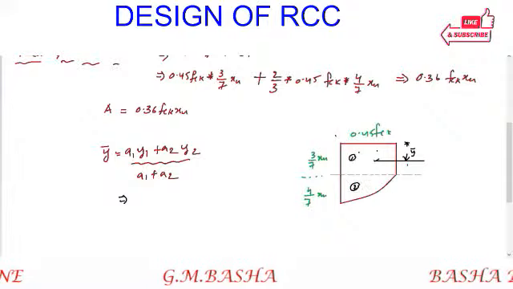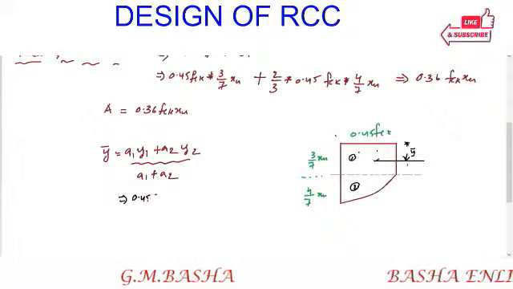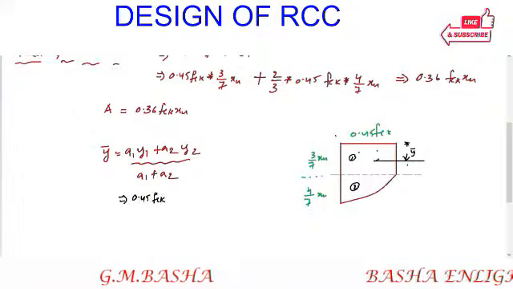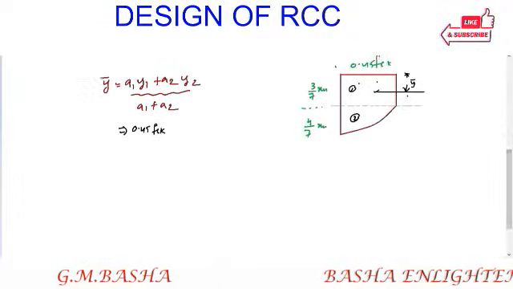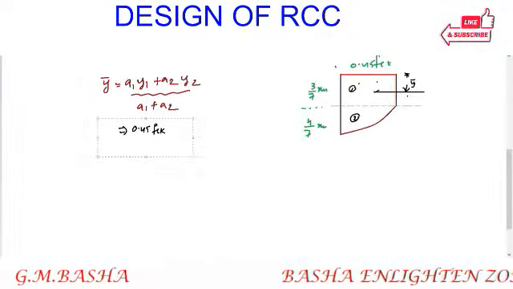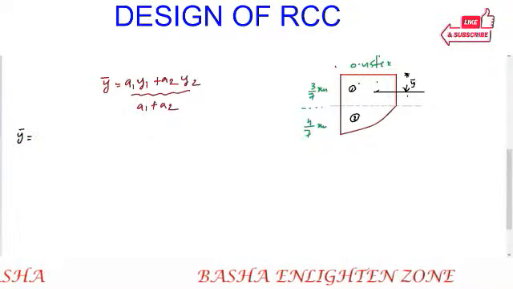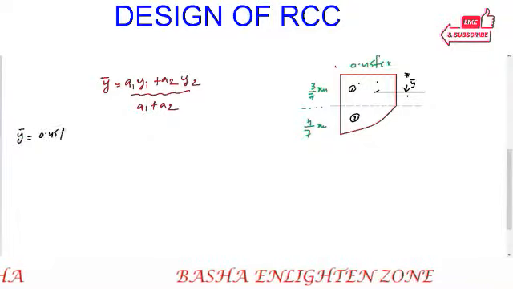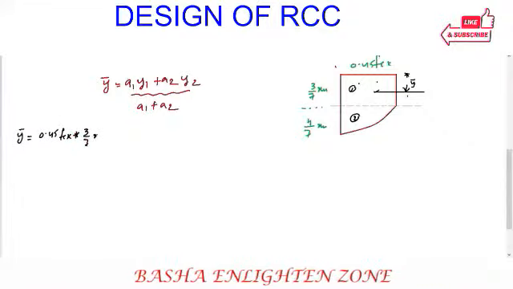The area of the rectangular portion we already know will be 0.45 fck. Okay, y bar will be equal to, so area a1 will be equal to 0.45 fck into 3 by 7 xu.